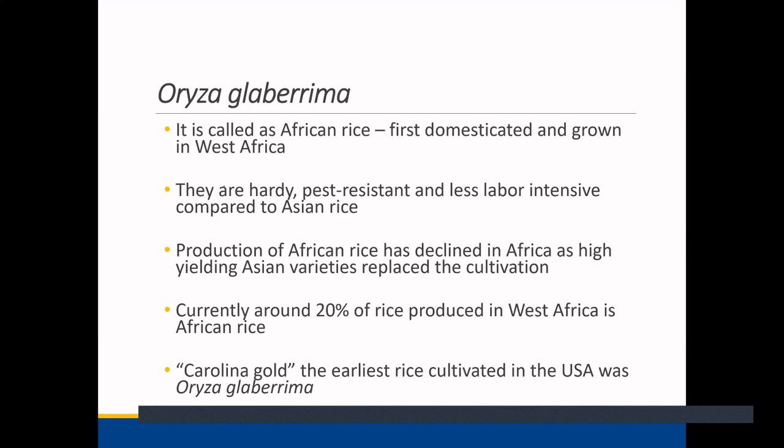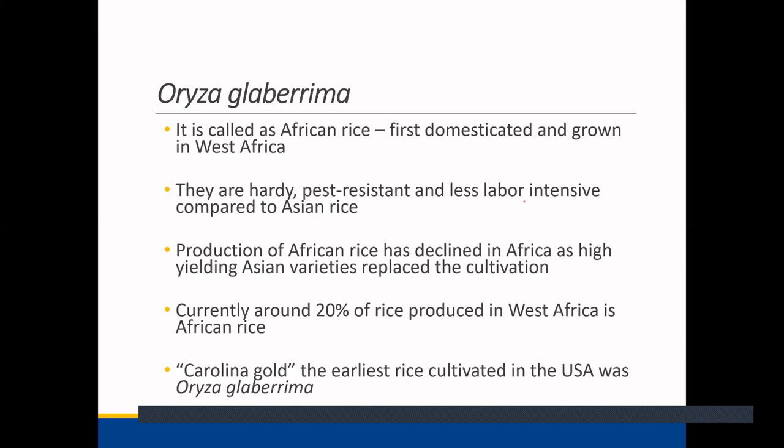So the species domesticated there should have some tolerance to such environmental conditions. That's why they are hardy. And when you compare with Oryza sativa, they are pest resistant, and also less labor intensive, meaning less care is required.